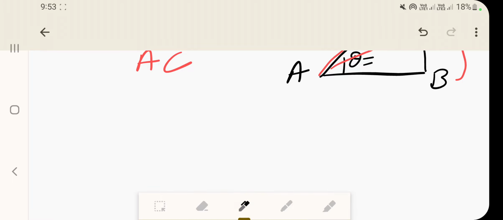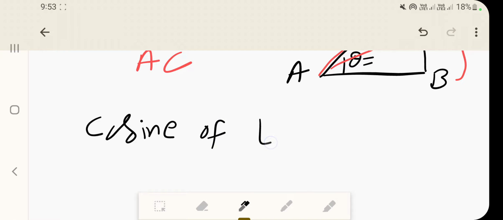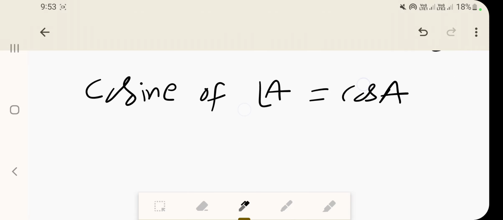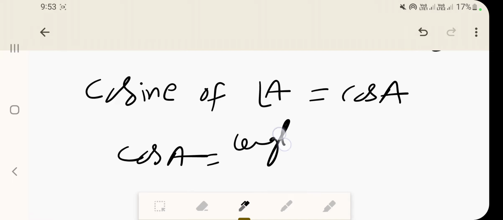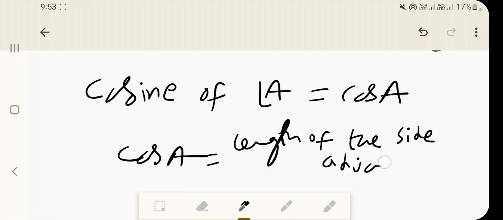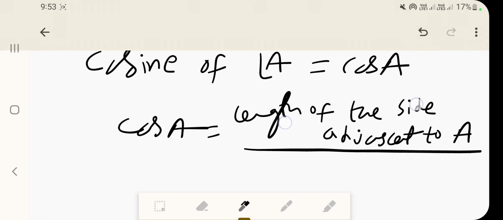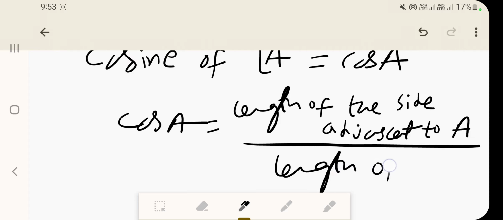Now coming to another ratio, here we have cosine of angle A, or we can write it as cos A. For this definition, cos A is equal to the length of the side adjacent to angle A, whole divided by again the length of the hypotenuse.